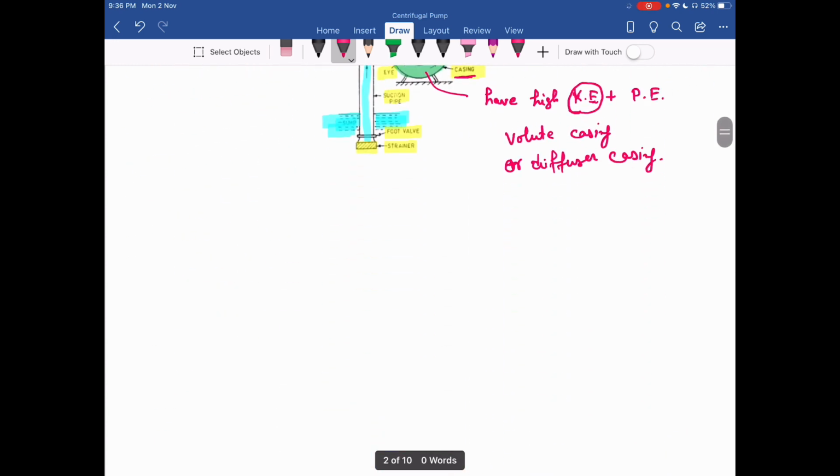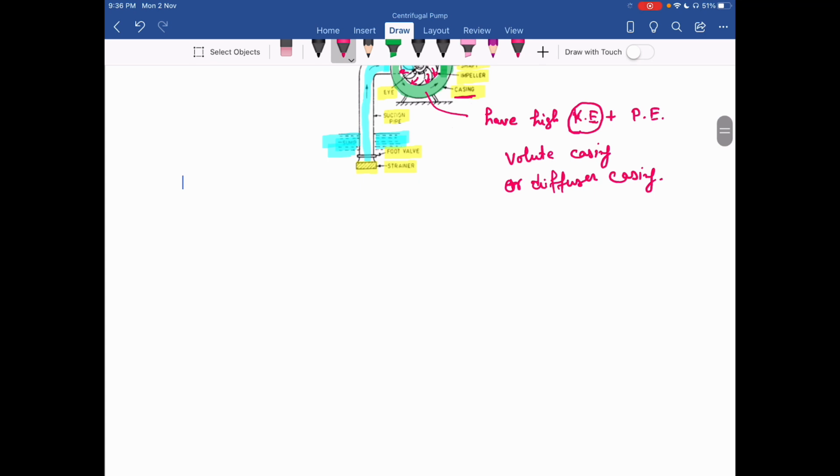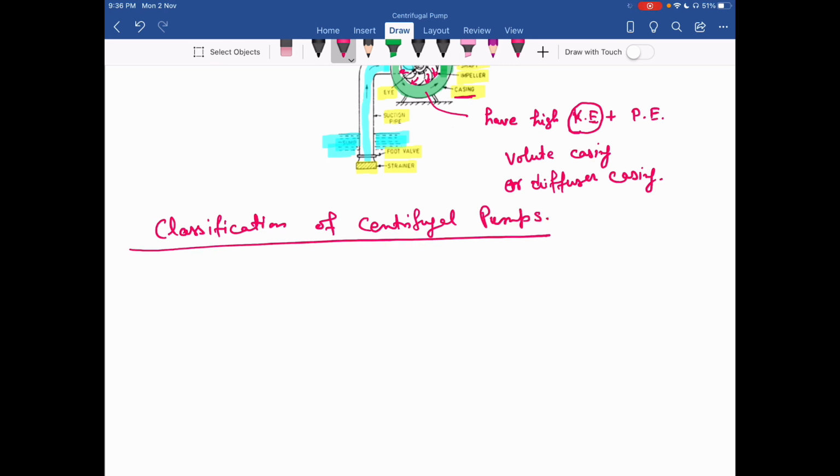Okay, the next is the classification of centrifugal pumps. So the pumps are classified on the basis of, number one, working head. Okay, number two, specific speed. Number three, type of casing.